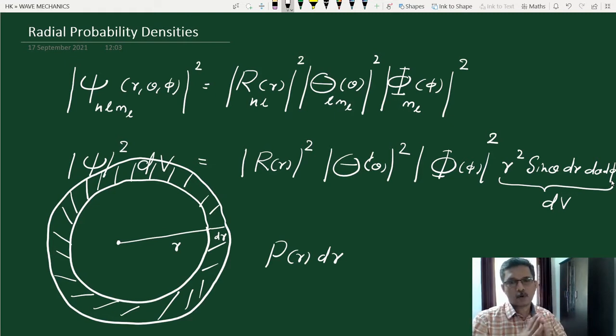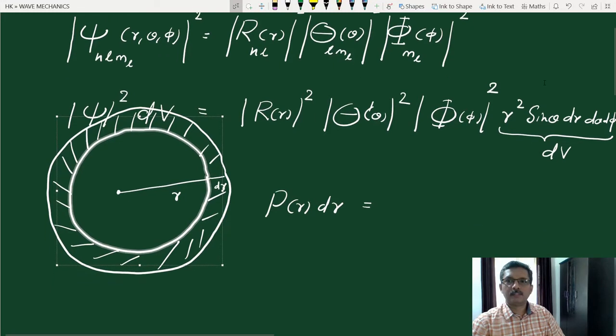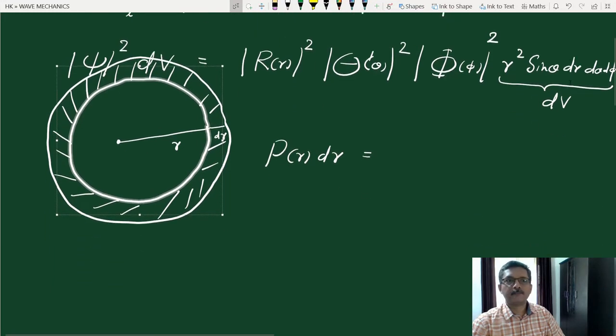So this probability will be obtained by integrating the above probability psi square dV over all possible angles theta and phi. Okay, so how do we do this? Let's integrate over, because in order to see, look at this figure. In order to find the probability of the electron at a distance r from the nucleus, we have to consider all possible angles around the nucleus. So let us integrate over theta and phi.